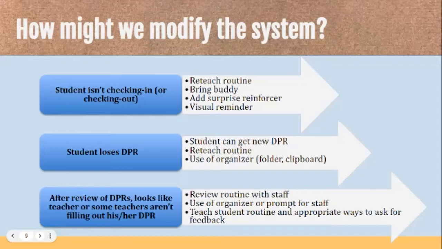After review of DPRs, it looks like teacher or some teachers aren't filling out the DPR correctly. So that would mean we need to go back and review the routine with the staff, use an organizer or prompt for the staff, and teach the student routine and appropriate ways to ask for feedback.